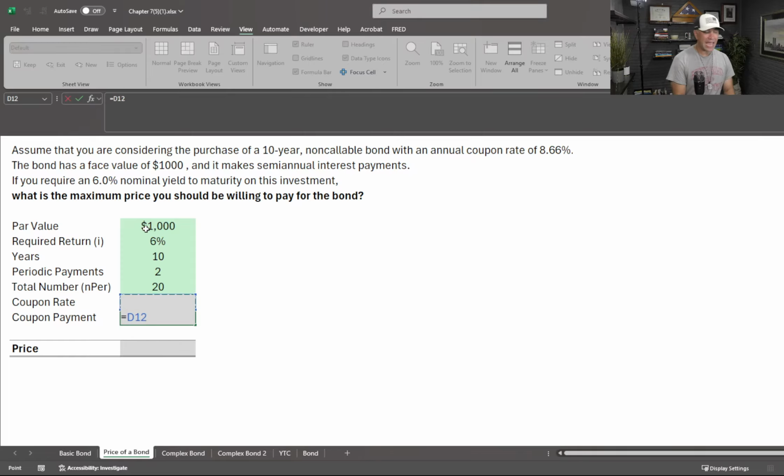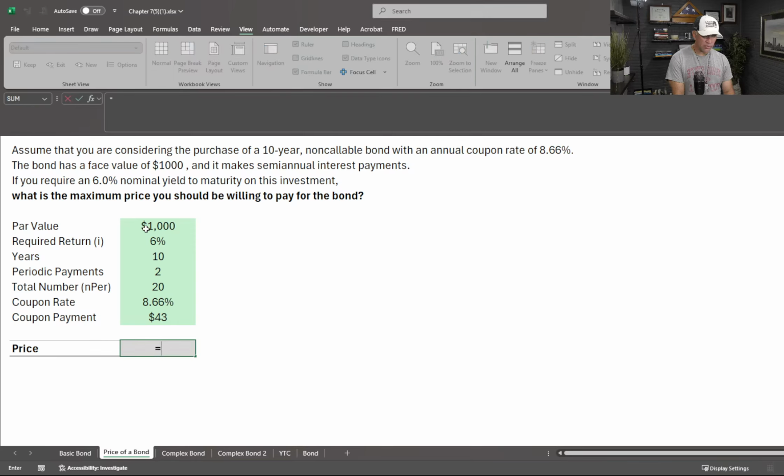So it's 8.66% times 1,000, so we get 8.66% of 1,000 each year. Well, it's split up into 2 different payments, so we have to divide it by 2. And then that's going to be our PMT. So that is roughly 86 per year, but every 6 months we get about 43.